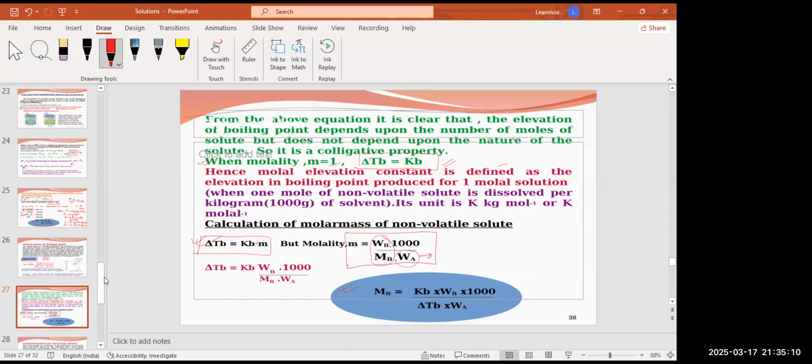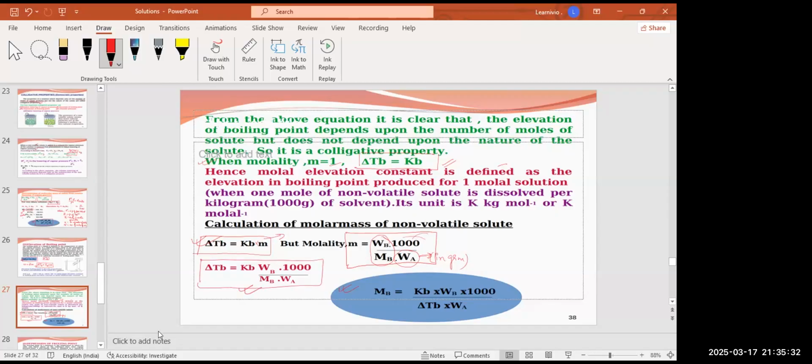This is in gram, that's why it is multiplied by 1000. So you just have to take this weight in grams because you are multiplying it by 1000. And when you substitute the value of molality in this equation, you will get this equation.